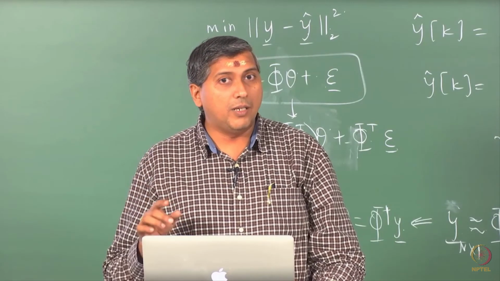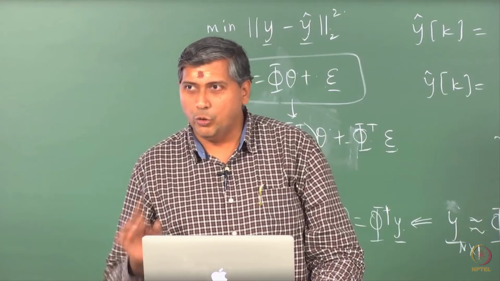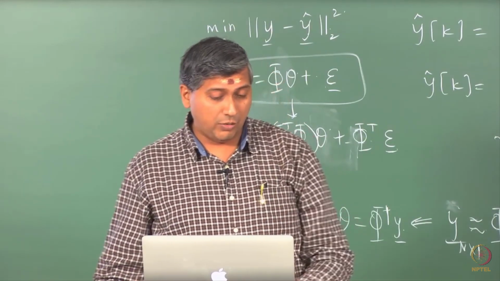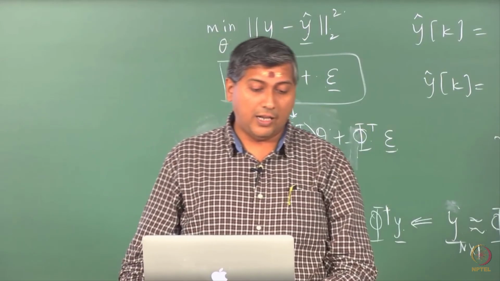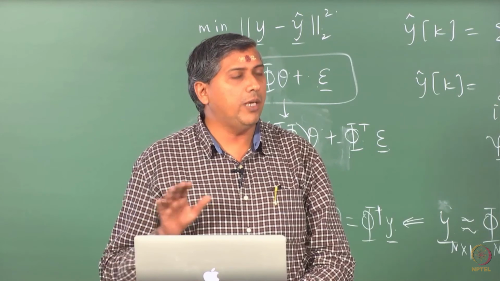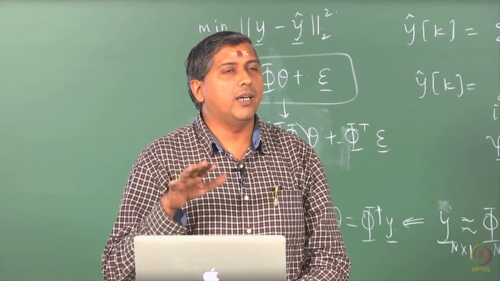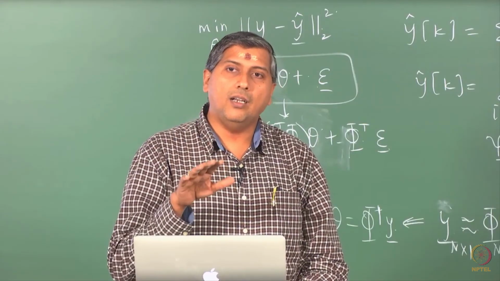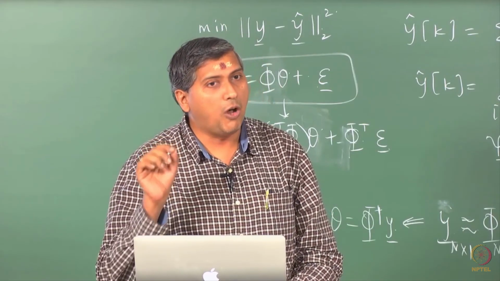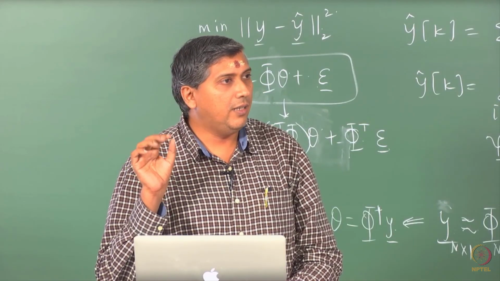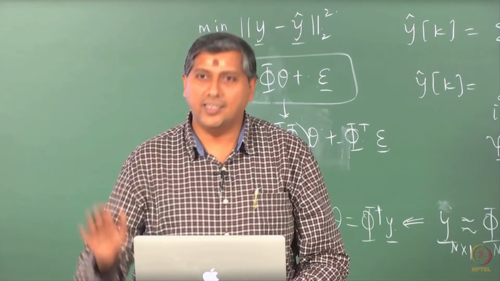In fact, in MATLAB there is something called pinv, pseudo inverse explicitly, which uses SVD. So, there are two different algorithms, both numerically efficient. What we mean by efficient and robust is that they are not sensitive to small errors in your phi, which can occur if phi has a high condition number.